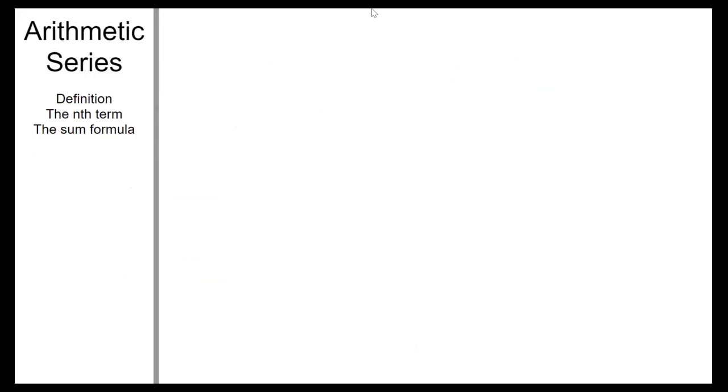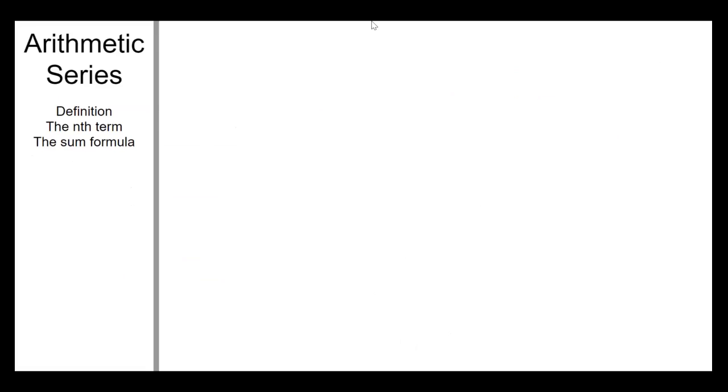So what you just saw before in the warm-up question, that was an example of an arithmetic series where 1 and then 4 and 7, their difference is always 3. And so this is just one example of an arithmetic series.